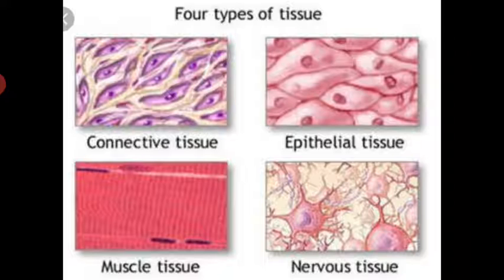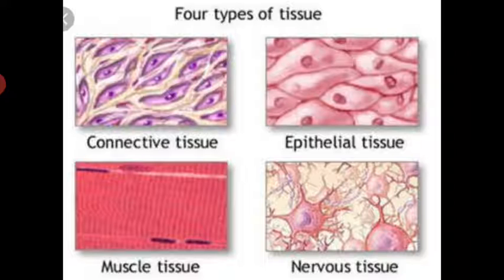So the external surface of the body is made up of epithelial tissue, and it is also present in the inner lining of all the internal organs.